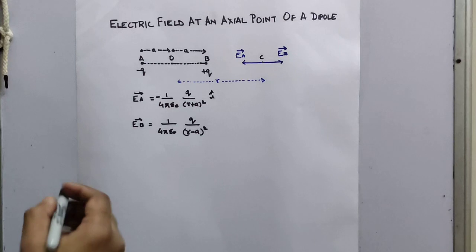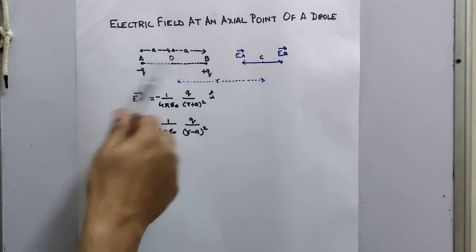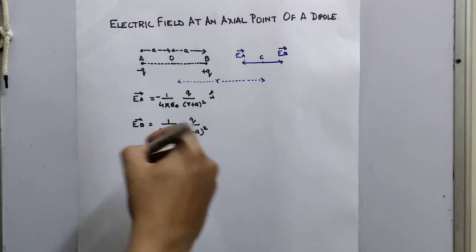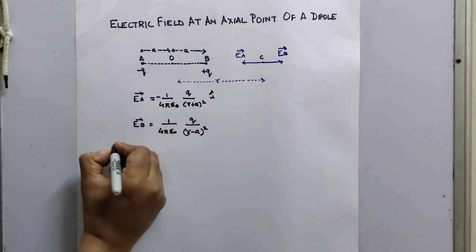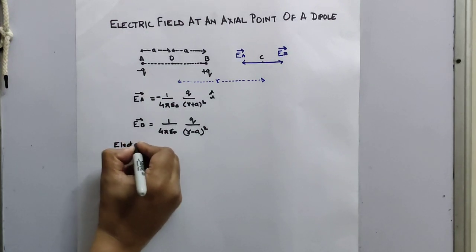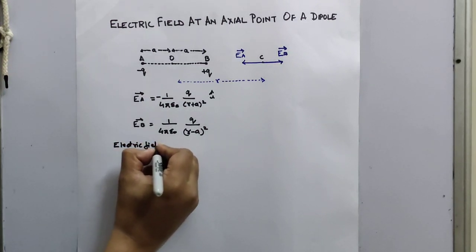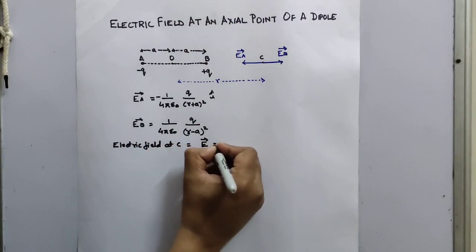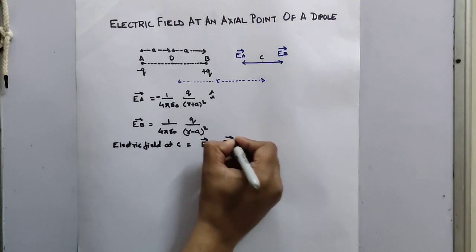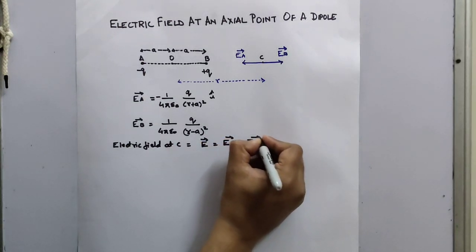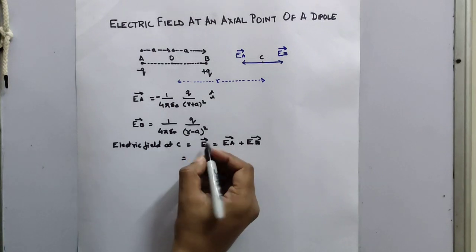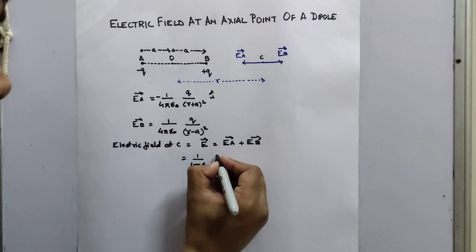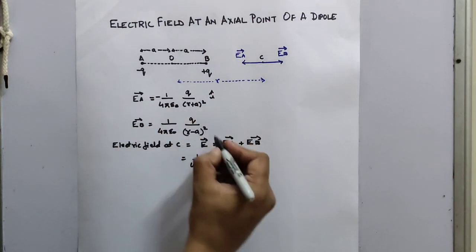Now the net electric field at point C will be due to both the charges A as well as B. We just need to add both these quantities. So the electric field at C, say we determine it with E, will be equal to EA plus EB, which we can write as 1 upon 4 pi epsilon naught, and I can also take Q common.